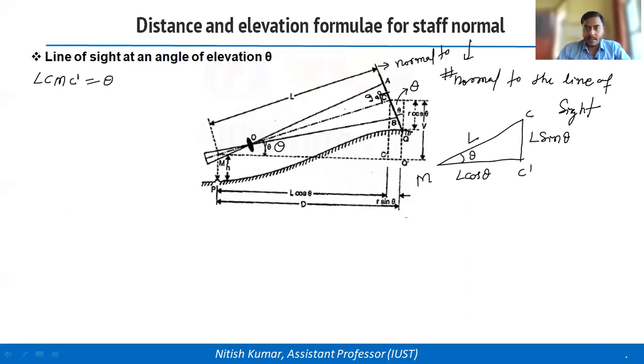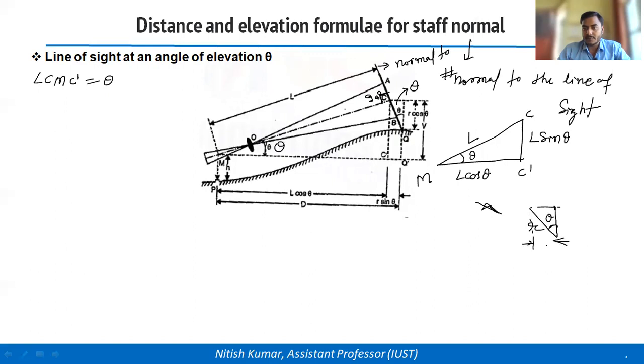Now I'm talking about this triangle. What is the distance between the central stadia here to Q? This we call R. Generally we denote it by R. So now we have this distance R, and this angle is theta.